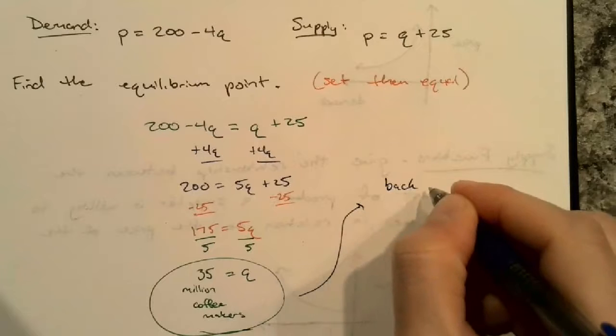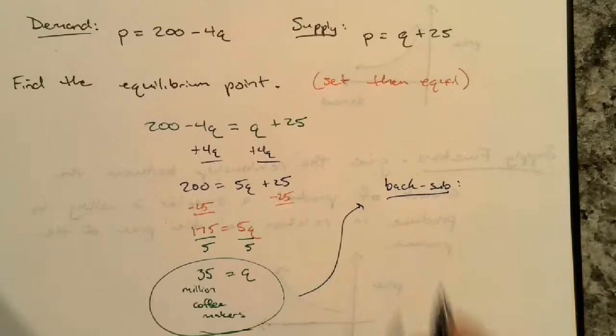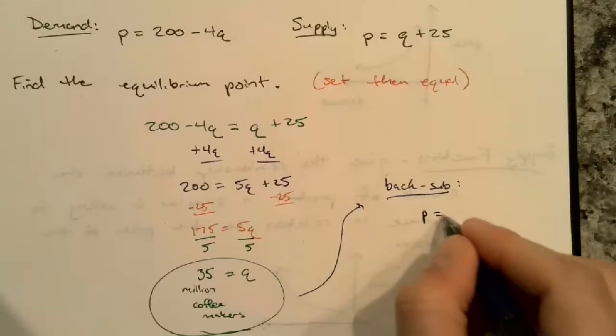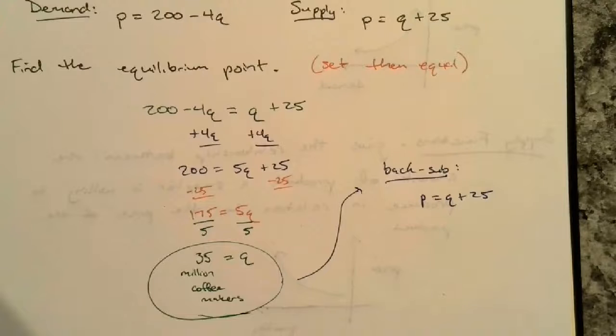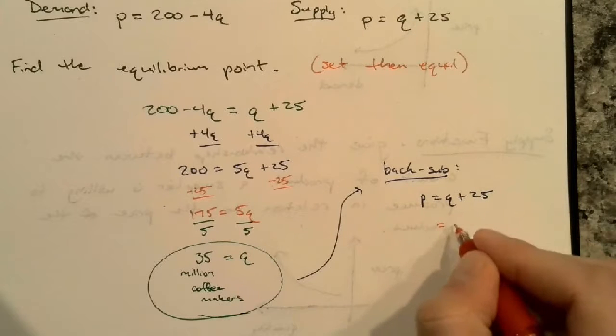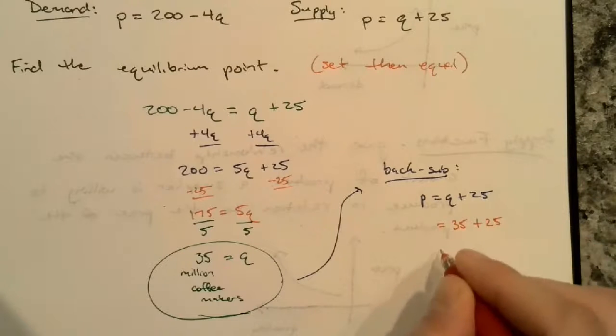So no matter which one you substitute it into, you should get the same value out. I'm going to back substitute using P equals Q plus 25 just because it's a little easier. So P is equal to the quantity, which we just found was 35 million, which is 35 plus 25.